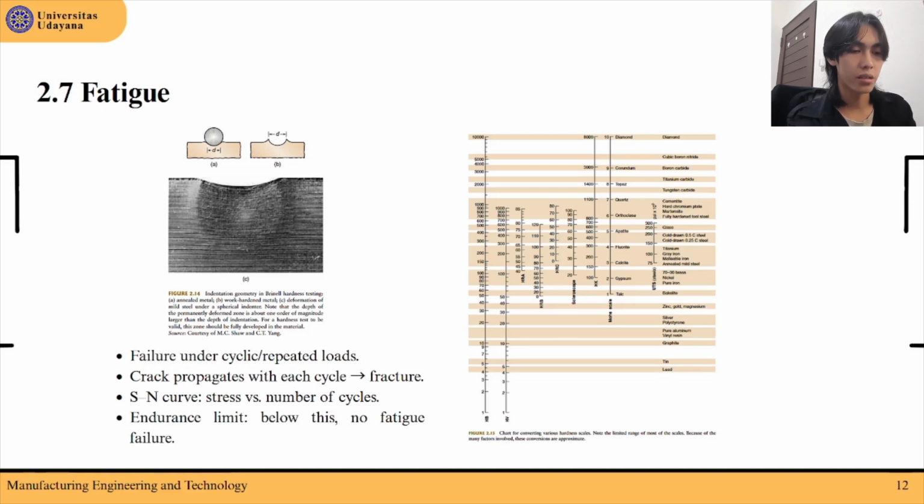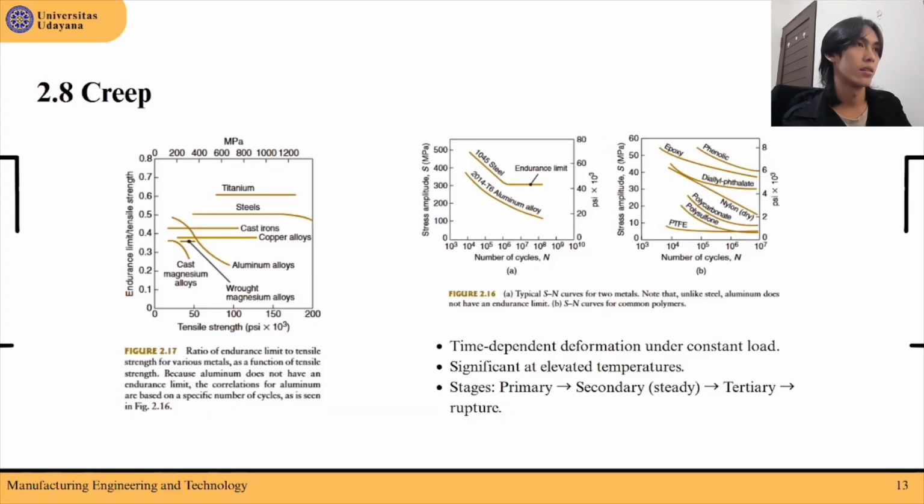The endurance limit is the stress level below which fatigue failure will not occur. Yeah, it starts a little bit deeper inside the material, because there is pressure in the middle of the material test or specimen.